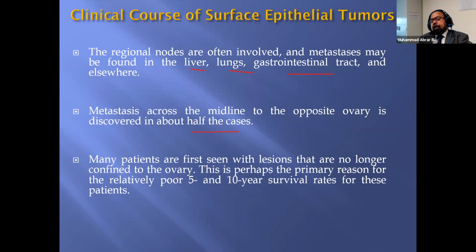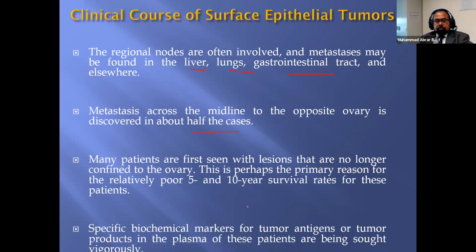Usually in our part of the world, patients are so shy and they don't tell that they have a problem. But when the abdomen becomes large, then they come to the doctor, and by that time the tumor, if it is malignant, may spread into different areas or into the peritoneum. So the 5 or 10-year survival rate comes down.